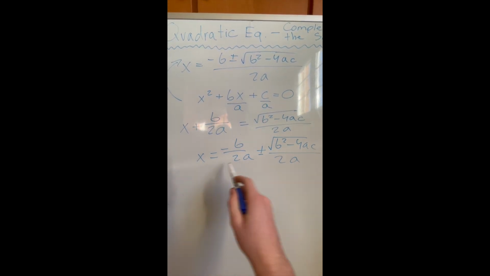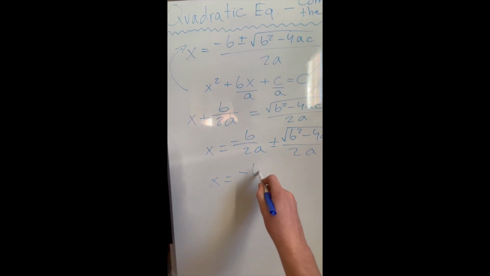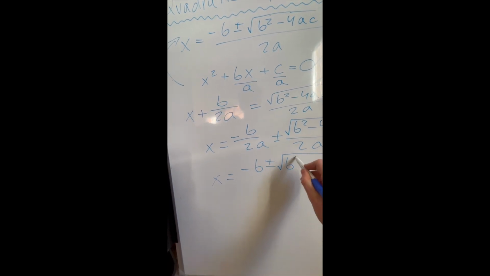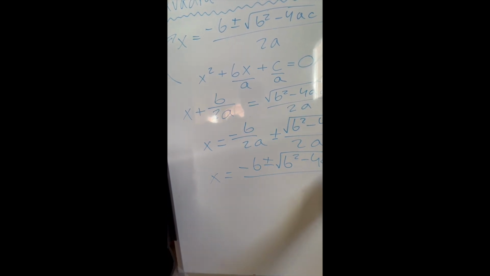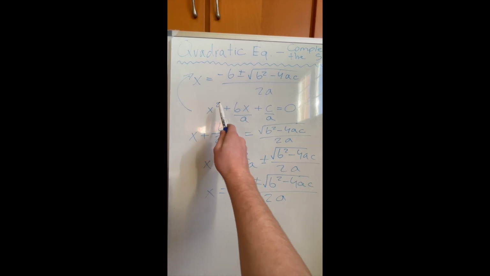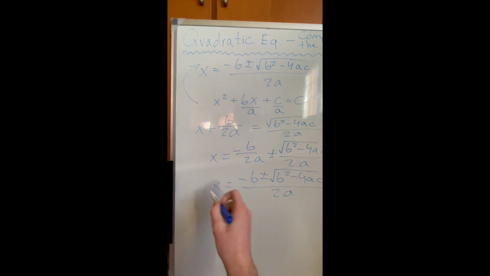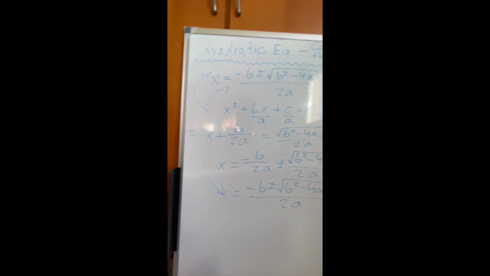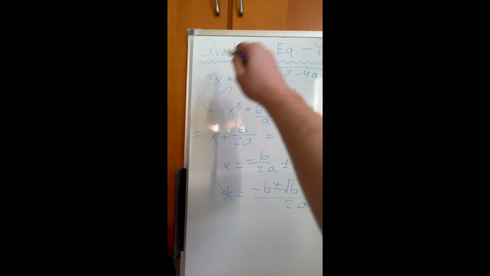Since these are both the same denominators, we can add these fractions. x is equal to minus b plus minus square root of b squared minus 4ac, all of this divided by 2a. And there we have it. We have gone from this general format, ax squared plus bx plus c equals 0, into this formula right here, proving how this exactly works.